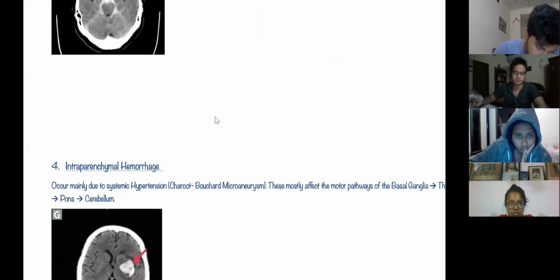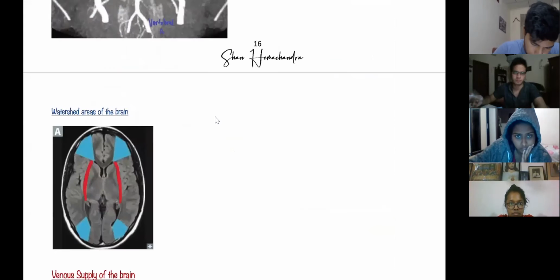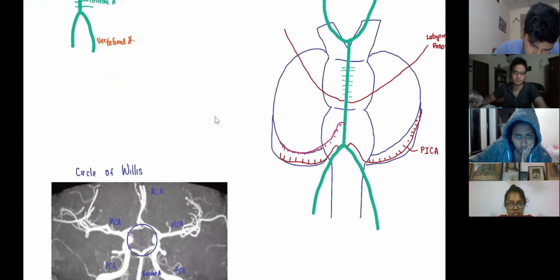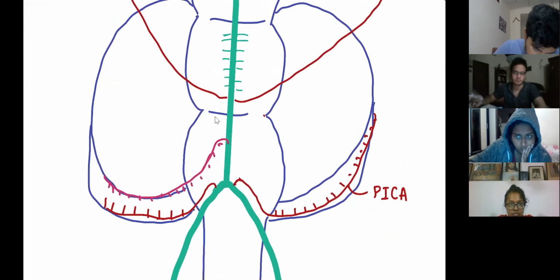Sorry, I don't have any pictures for that. But basically, it supplies the base of the cerebellum. One is anteriorly, one is going to be posteriorly. Don't worry, these are just two names.